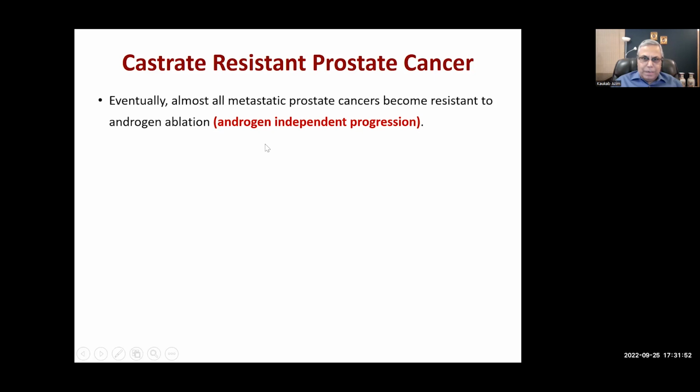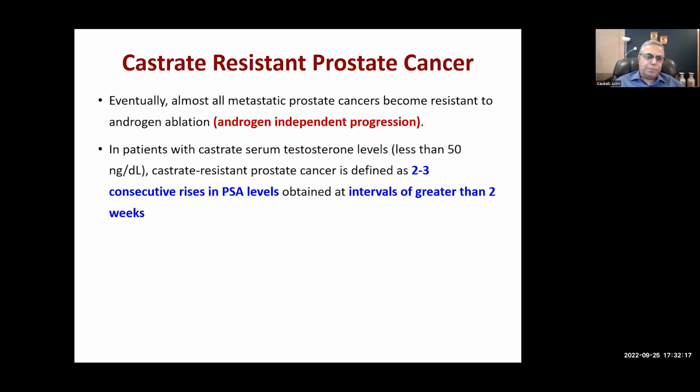So even if initially the cancer is hormone sensitive, after some months in unlucky people, or usually after some years or many years, it will become castration resistant. It will no longer be dependent upon testosterone, but that does not mean that we stop androgen deprivation therapy.